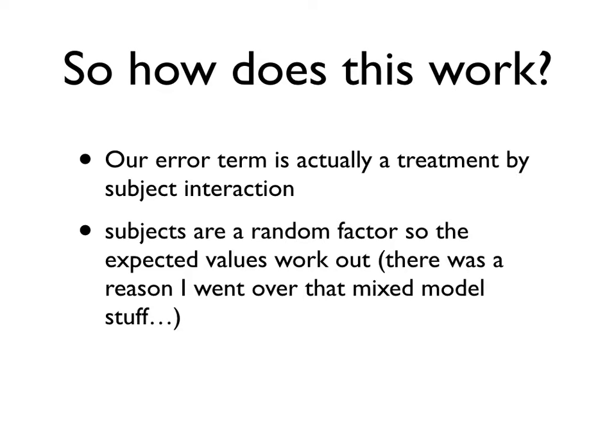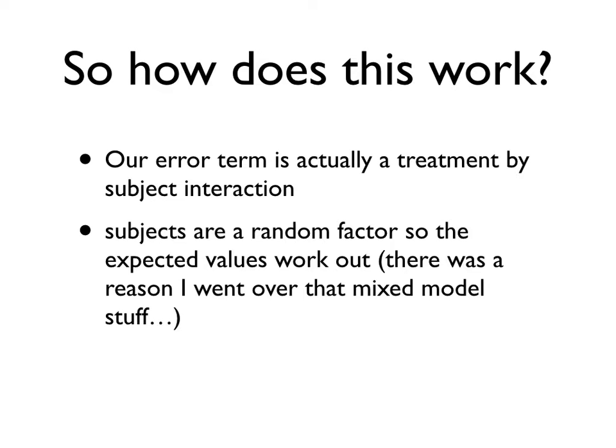The expected value of mean squared treatment is going to be treatment. And the expected value for mean squared for subjects is going to be this, right, because it's a mixed model.